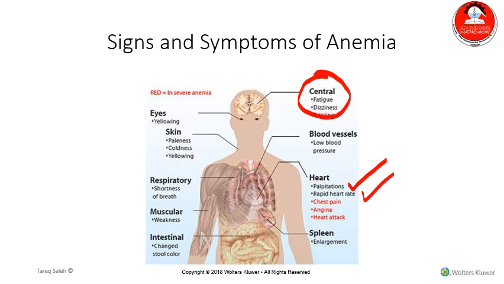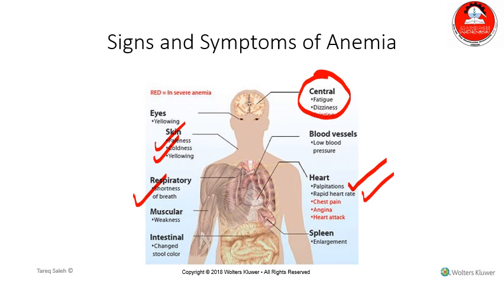They can also involve shortness of breath, pallor or paleness, feeling cold all the time, and probably other sleep disturbances. Okay, so anemia is characterized by a wide spectrum of symptoms.